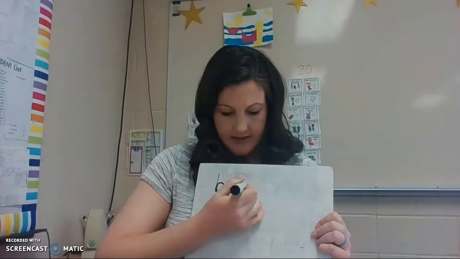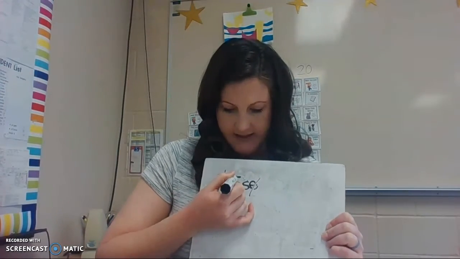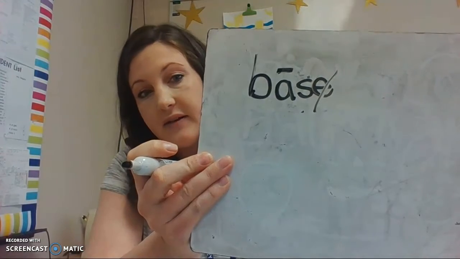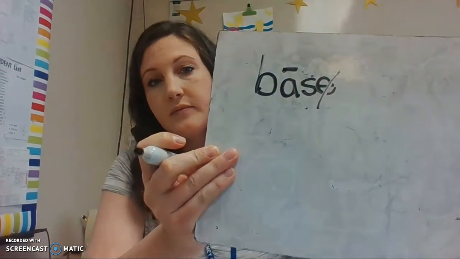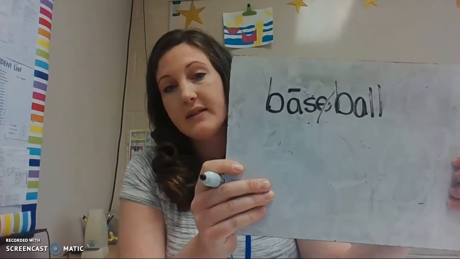The E is silent, and it makes A say its name, so I code it like that. Does that look familiar to you? And then this would be a compound word if I add the word ball. So then we'd have baseball.